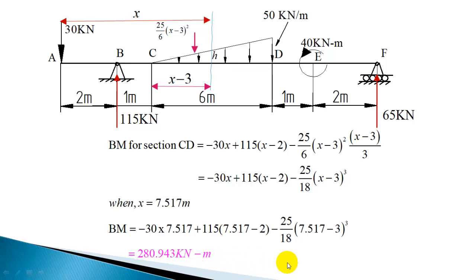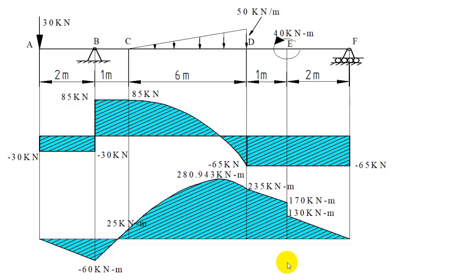Now let us plot the bending moment diagram. We already plotted the shear force diagram, and this is the point where the peak is coming. So let us plot from the left side. At A bending moment is 0, at B bending moment is minus 60, and you know the variation is linear because shear force is constant for that section.